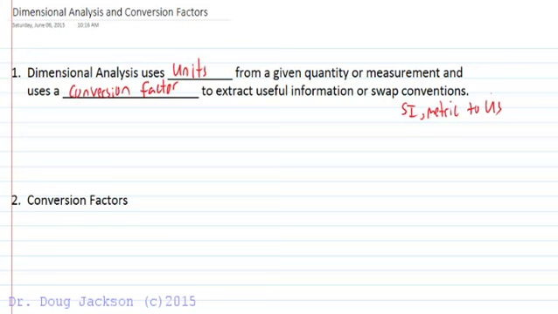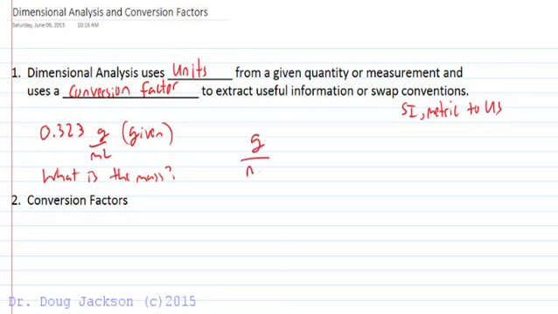For example, if I'm given a density of 0.323 grams per milliliter, so this is given, and I want to know what is the mass, then I know that I've got to multiply the units by milliliters so that they cancel out and I'm left with grams.